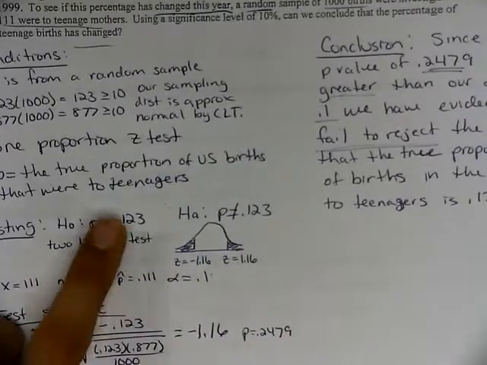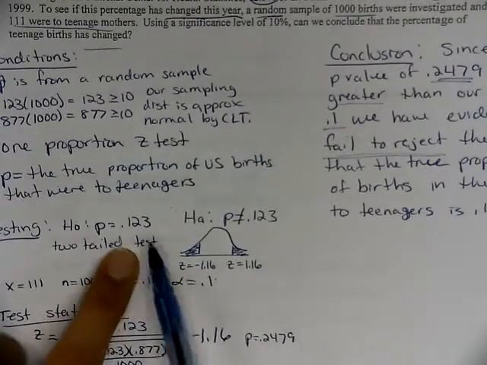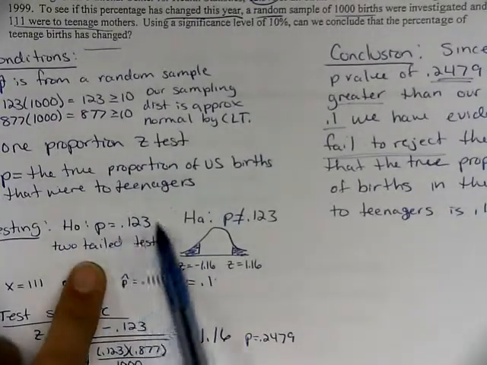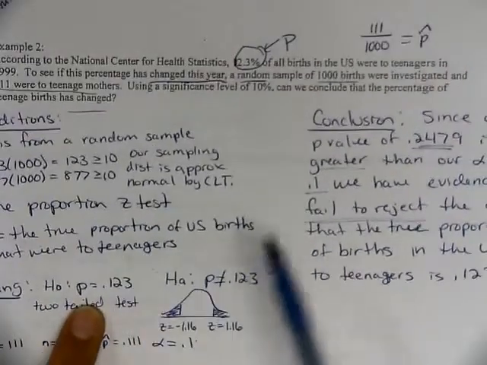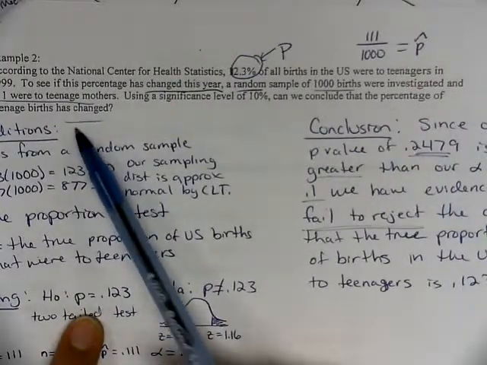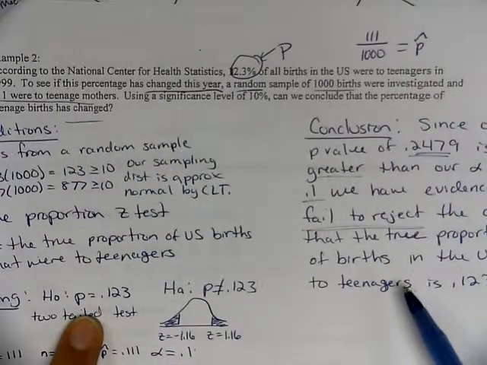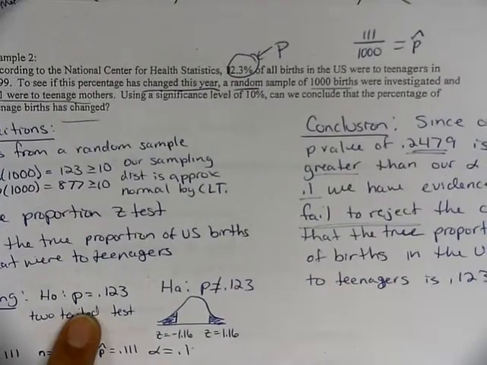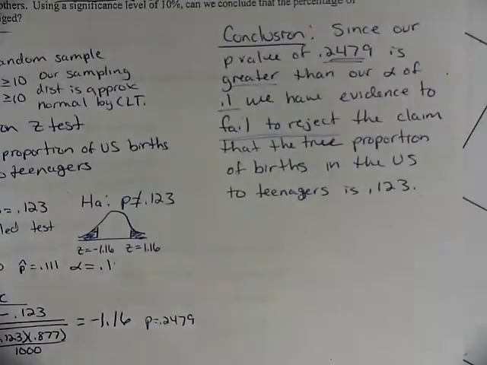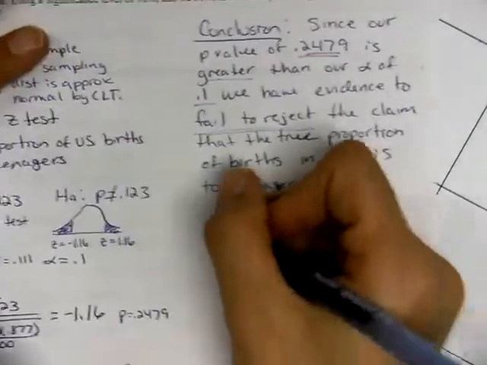So, we're failing to reject this, meaning we're kind of going with the null hypothesis. So, has the percentage changed in our conclusion? No. I mean, sure it has because this was like 20 years ago. But in this case, it has not changed.